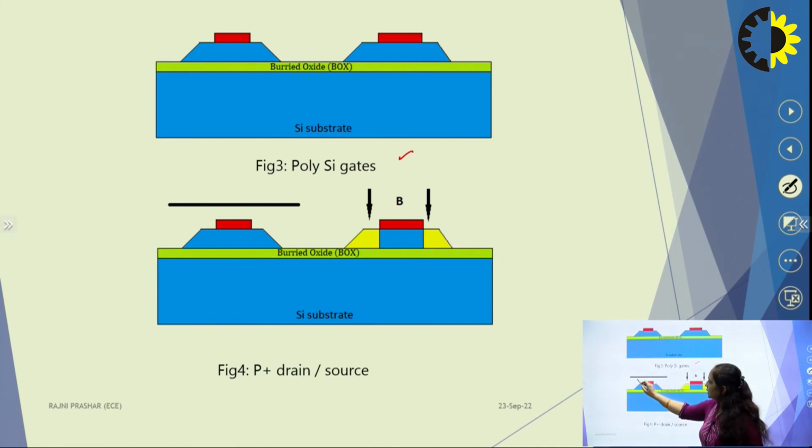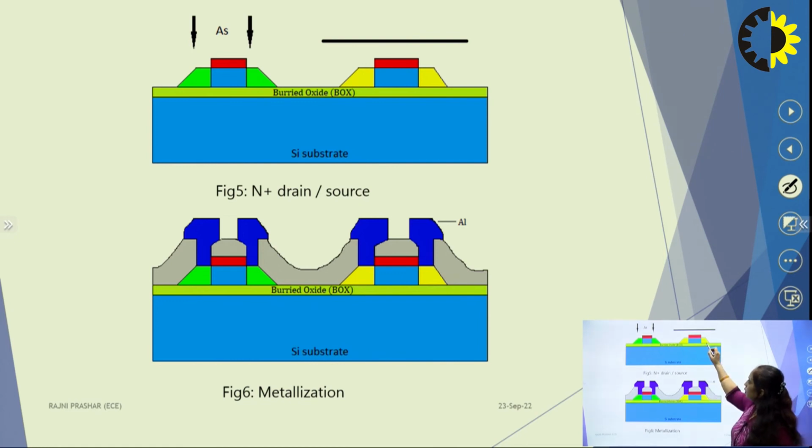In this diagram we can see that this area is protected by a mask, so that your boron impurities do not disturb the qualities of this area. So this left hand side area is masked and we can have the boron doping over this area only.